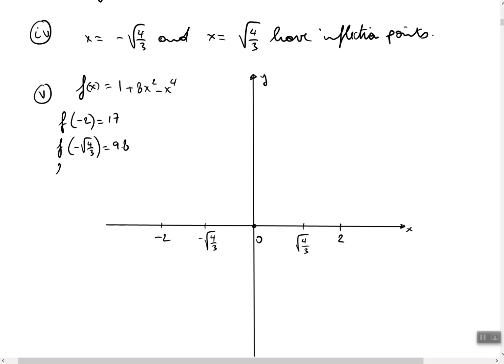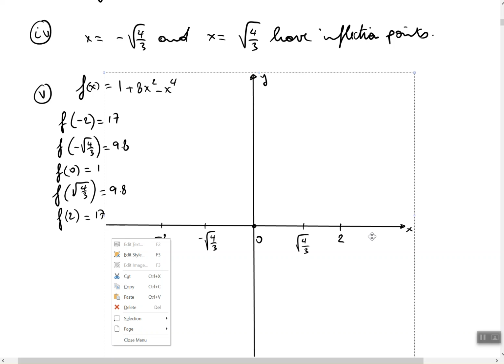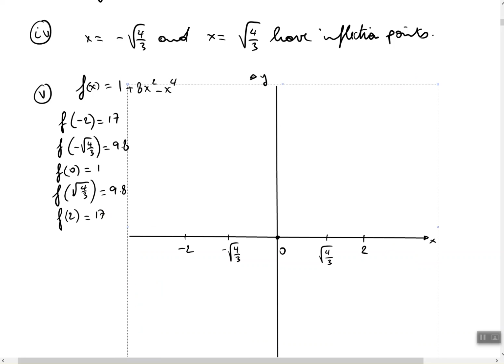So 0 gave me a 1. Square root of 4 over 3 gave us, again, 9.8 roughly, and 2 gave us 17. So it seems like all the numbers are going to be pretty big. So let me lower this down a little bit so that we can kind of get a good picture here.